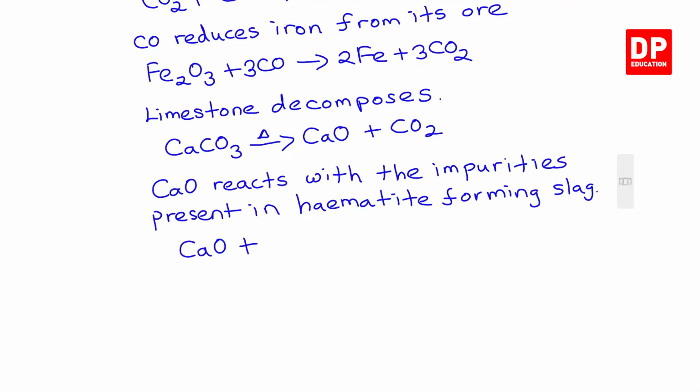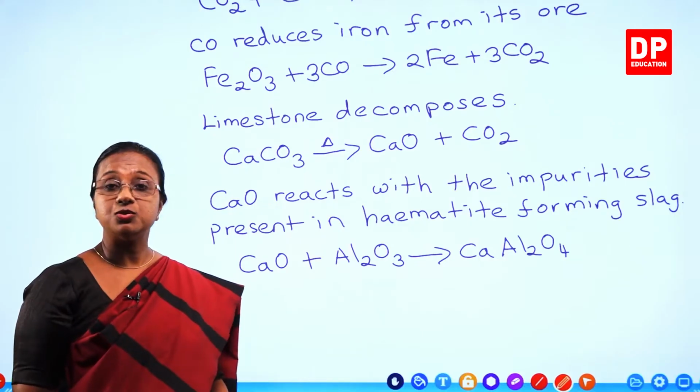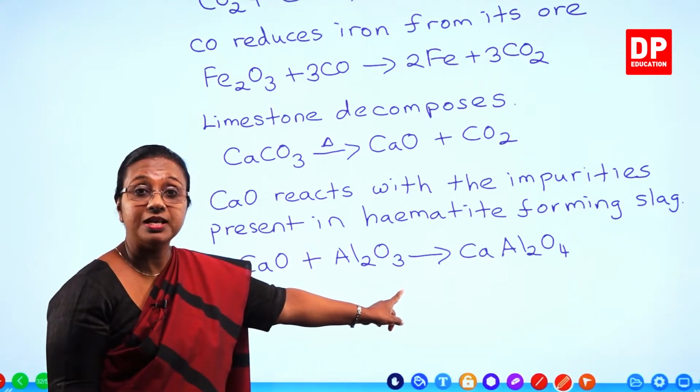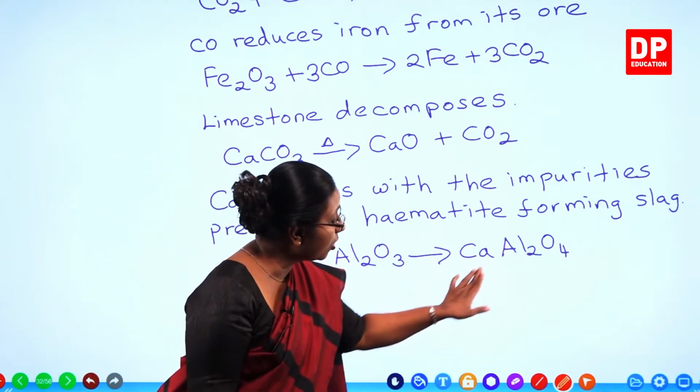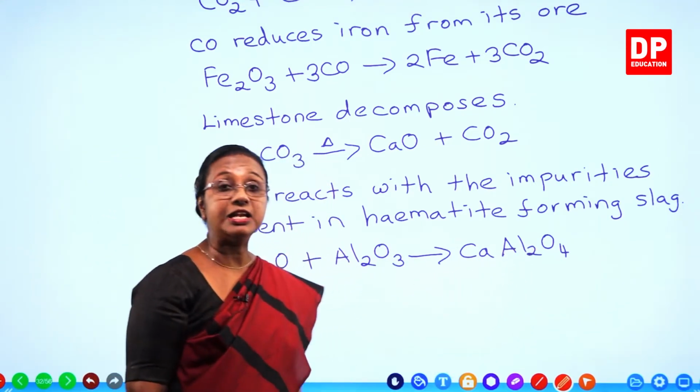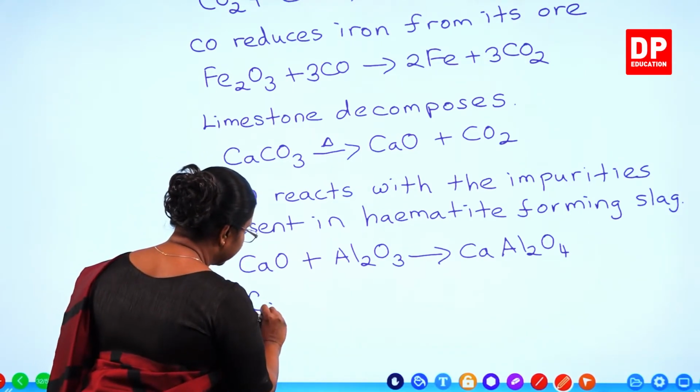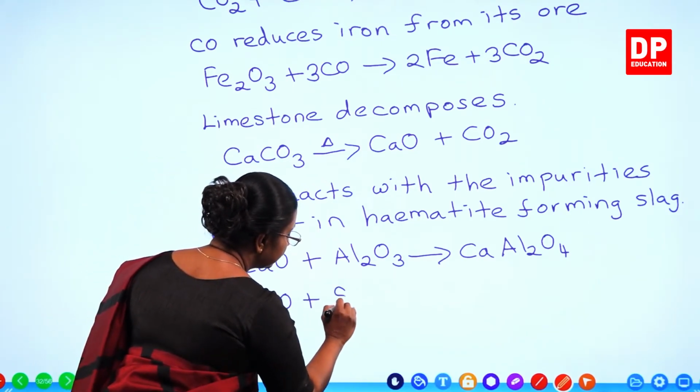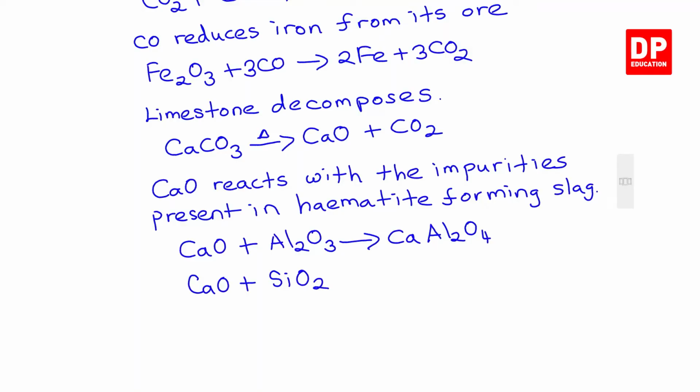Calcium oxide reacts with impurities. One is alumina, Al2O3, aluminium oxide. That will give rise to calcium aluminate, CaAl2O4. You can remember this is a combination reaction. So you just add all the atoms. So that's why Al2 and O4. Then we have calcium oxide plus silica, SiO2, silicon dioxide. That will give rise to CaSiO3.